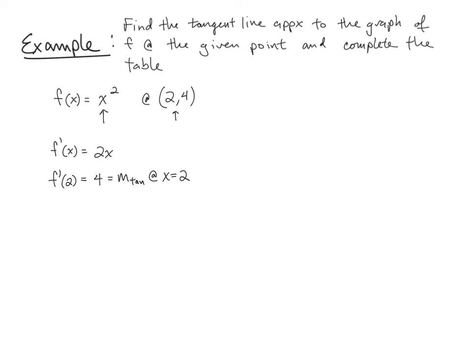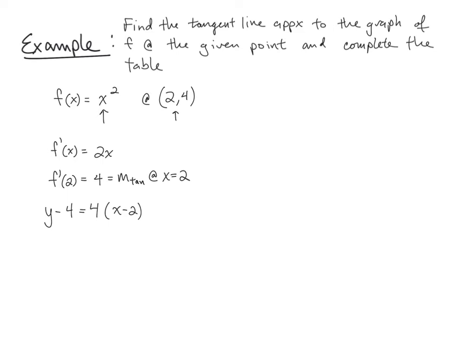So the equation of the tangent line is y minus 4 equals 2 times x minus 2. Apologies, this is 4 times x minus 2. There we go. The slope is 4. I just found that out.